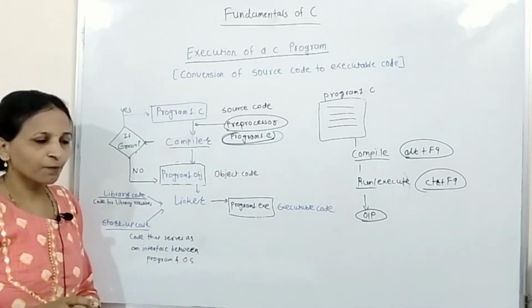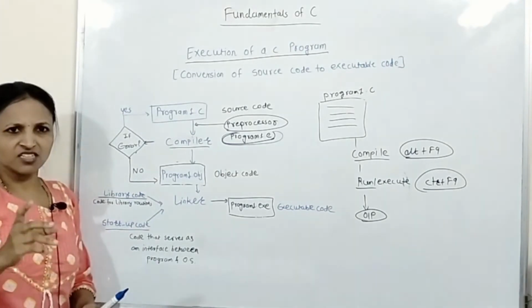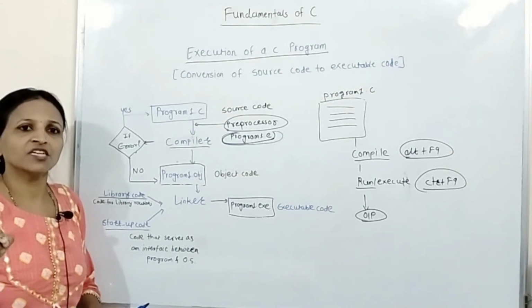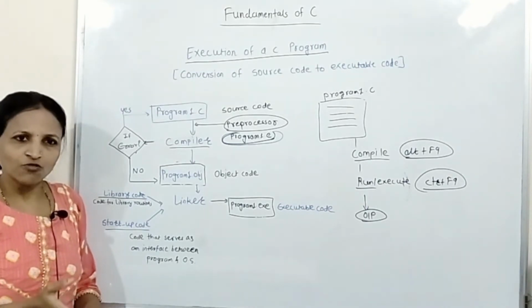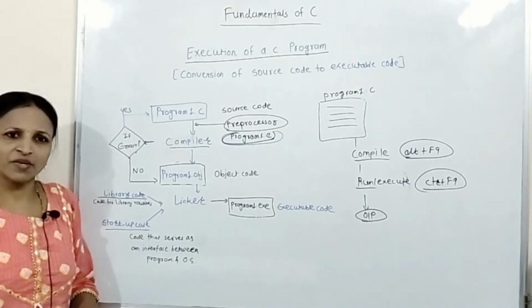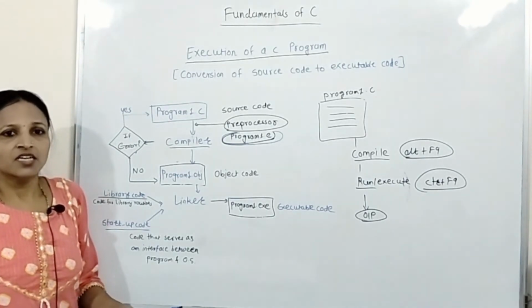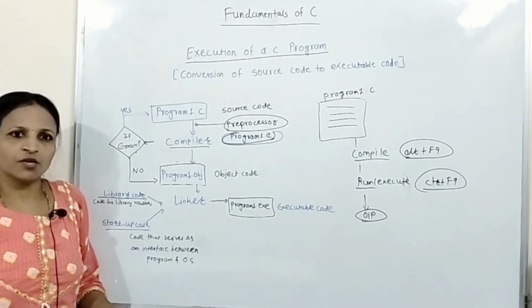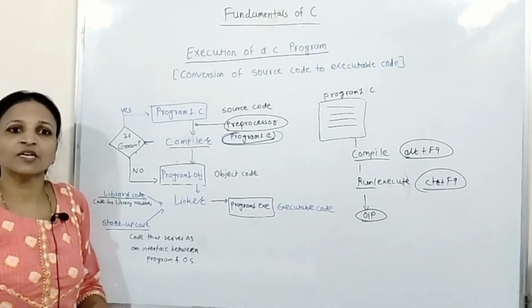Again, one more type of error: in a C program there is one rule that every instruction should be terminated by a semicolon. Like in the English language, every statement is terminated by a full stop. In the same way, suppose we have not given a semicolon, that type of error will again be generated by the compiler, that the statement is missing.